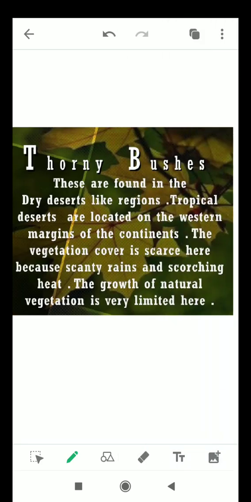Then next we have thorny bushes. They are found in dry desert-like regions, and the tropical deserts are located on the western margins of the continents, and the vegetation cover is scarce. Because of scanty rains and scorching heat, the growth of natural vegetation is very limited here.